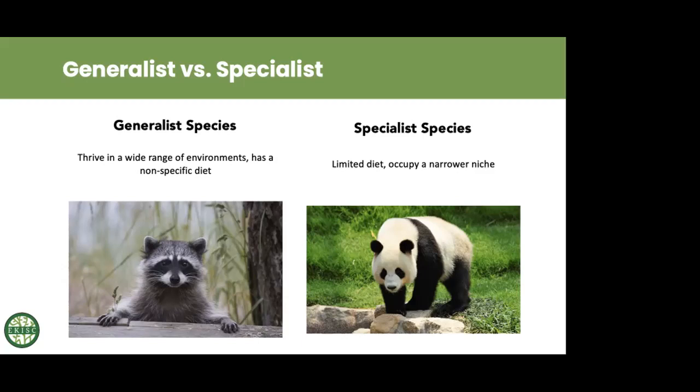So if invasive species were specialists, we wouldn't have to worry about them as much, but they are generalists. So we have to recognize some of the characteristics that these generalist species have in order to understand invasive species.